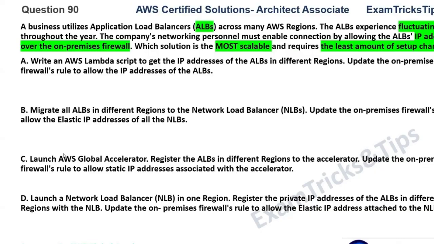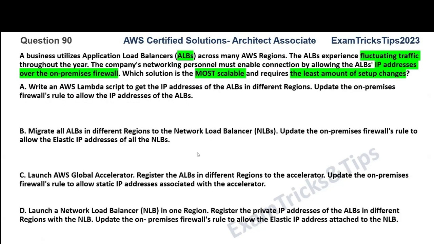The business has ALBs across many AWS regions, with fluctuating traffic throughout the year, and we want a scalable solution with least amount of setup changes. So we want something that is possibly purpose-built and easy to configure.